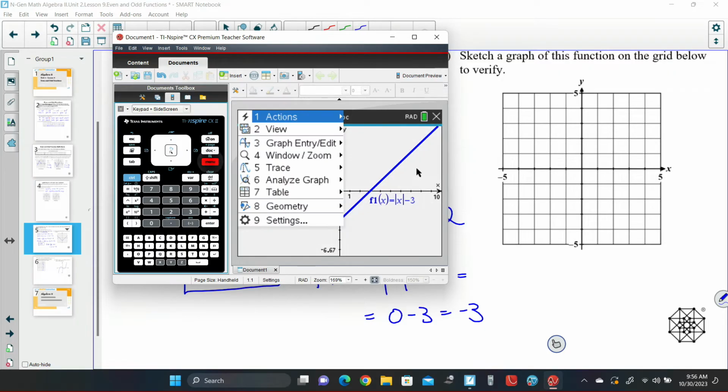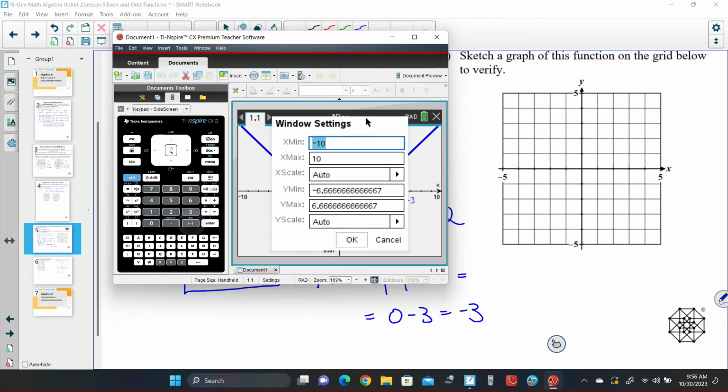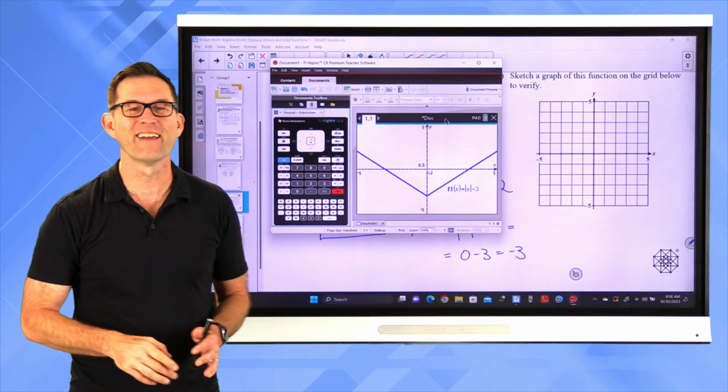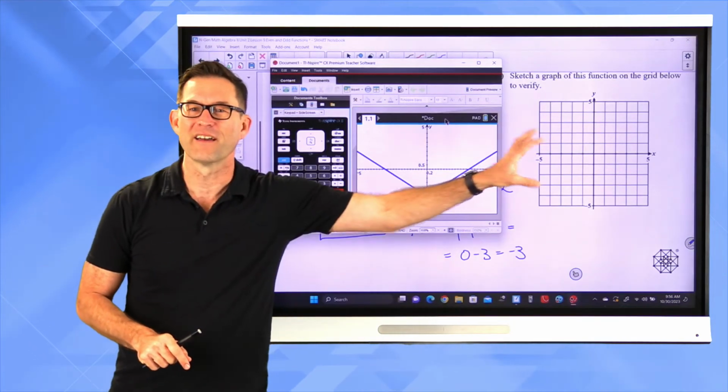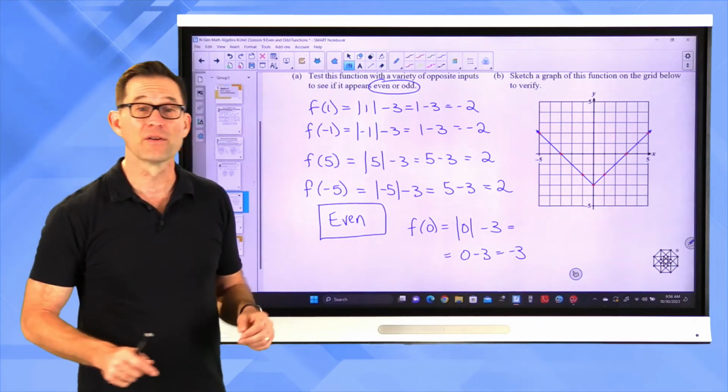If I really want to make it look very, very similar to what I've got on the grid, then I might want to change my window settings to negative 5, 5, keep going down, negative 5, and 5. Then I really kind of see what's on the graph grid. It's not great. Maybe I wanted to futz with this a little bit. But ultimately, right, I'm going to get a graph that looks something like that.